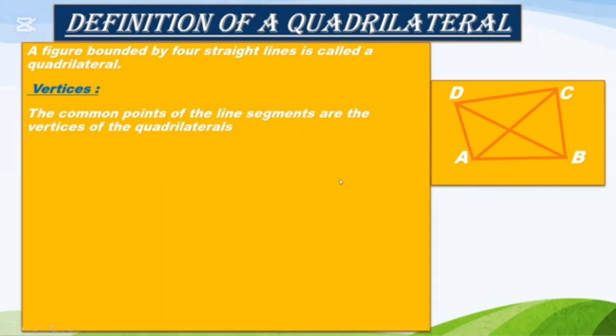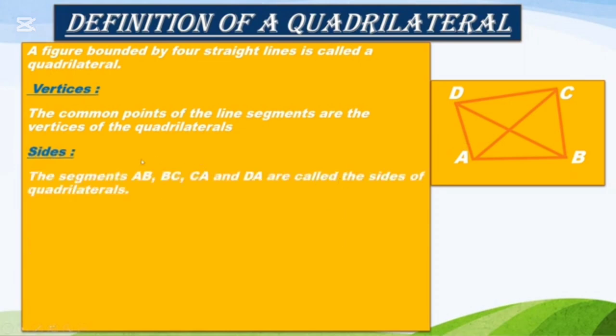Now, sides of quadrilateral. The segments AB, BC, CD, and DA are called the sides of quadrilateral. Now, what are the opposite sides of quadrilateral?